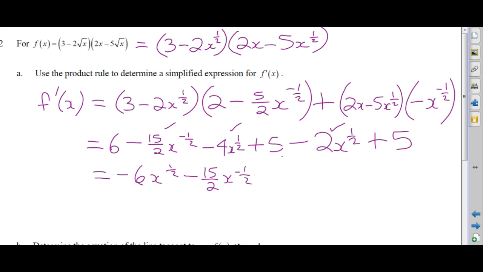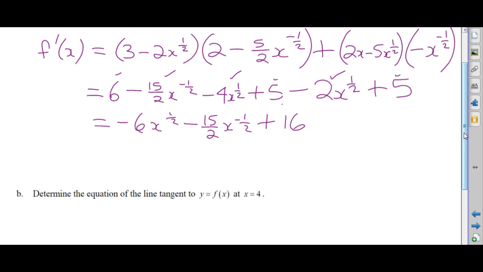So now we got the numbers, right? 6, 11, 16. Plus 16. To keep track of everything, I've just checked it off as I went through it, looking for like terms, going in descending powers of x. So it's negative 6 root x minus 15 over 2 root x plus 16. Okay, so just going back into radical.